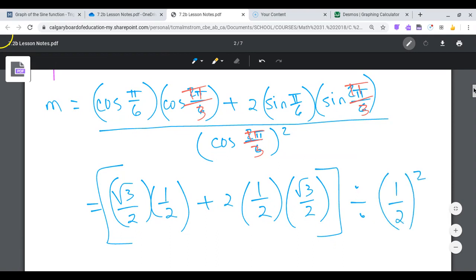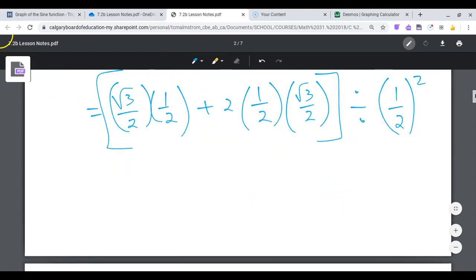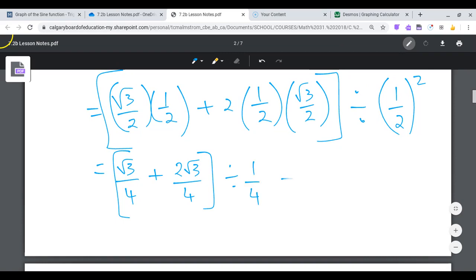So let's see if we can find a decent number out of this. So this is equal to root 3 on 4 plus 2 root 3 on 4. And I purposely did not cancel that out so that I would have a common denominator to work with, divided by 1/4. So this is equal to root 3 plus 2 root 3, because I left them with a common denominator, is 3 root 3.